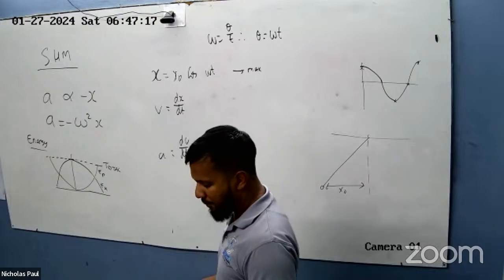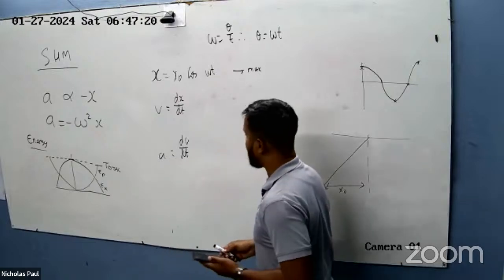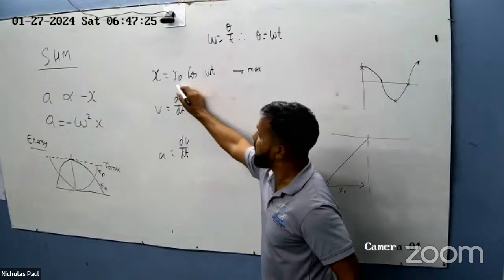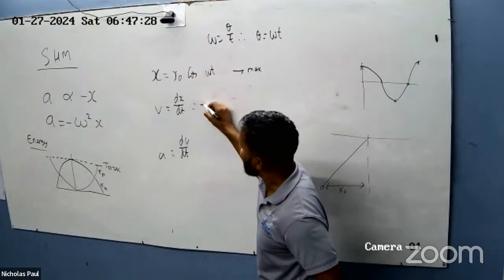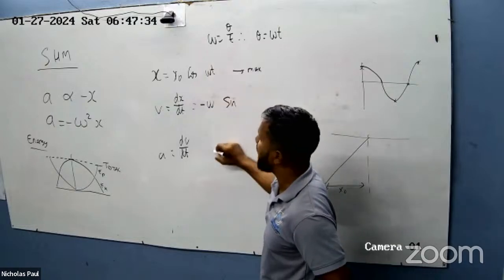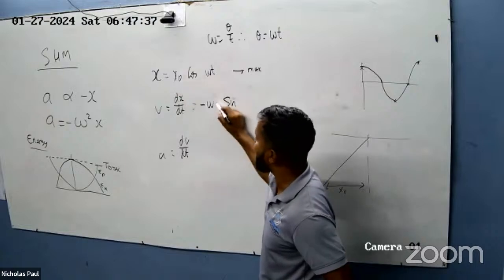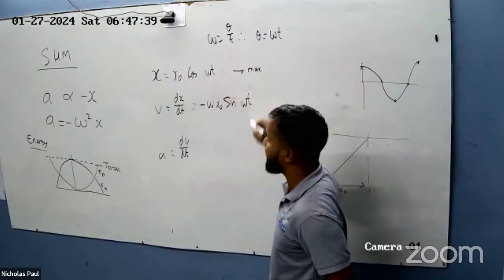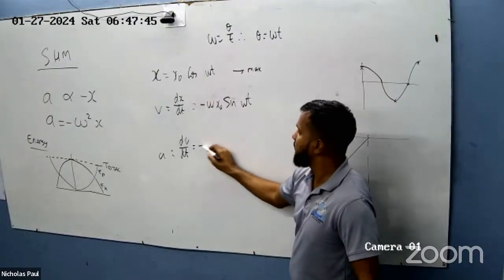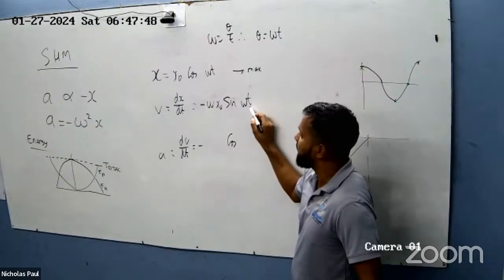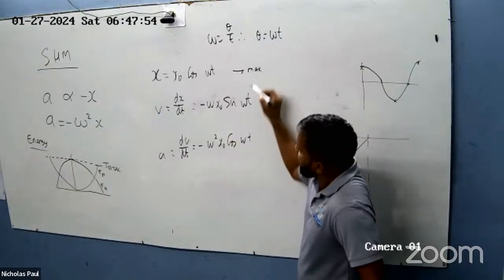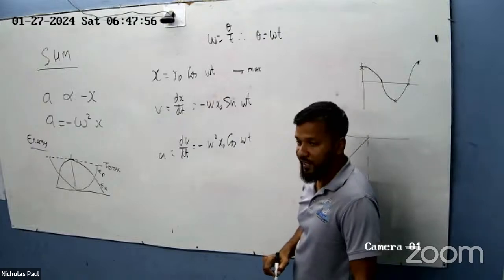Minus, the differential of cos is sine. Differential of omega t is omega. And you write back x naught and you write back omega t. Right? And differentiate again. What's the differential of sine? Cos. Right? What's the differential of omega? Omega times omega is? So these are the three functions for displacement, velocity, and acceleration.